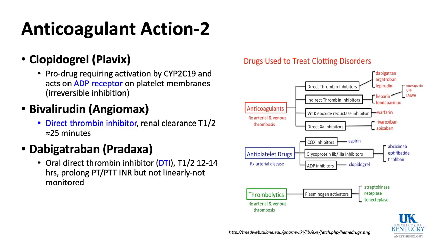The direct 10A inhibitors, rivaroxaban, apixaban. The COX inhibitors that affect platelets like aspirin. The glycoprotein 2B, 3A inhibitors like abciximab. And then the ADP inhibitors like clopidogrel. So aspirin and Plavix affect our platelets. And then there's thrombolytics that are used for arterial and venous thrombosis, things like streptokinase.